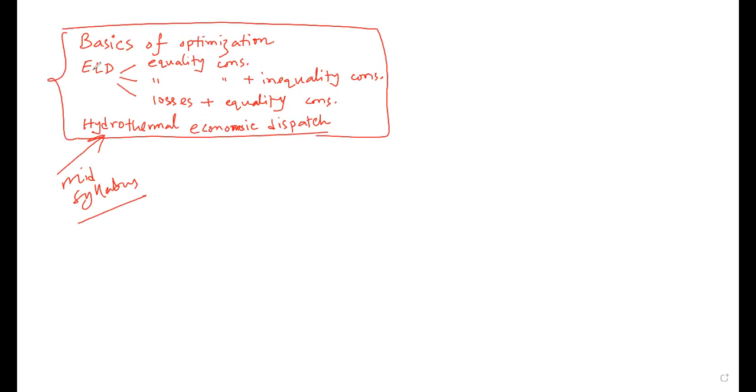So today what we are going to do, we are going to take the same ELD problem. We are going to consider the equality constraint, but we are going to solve this ELD having equality constraint by another technique. In general, this is one of the gradient-based methods.